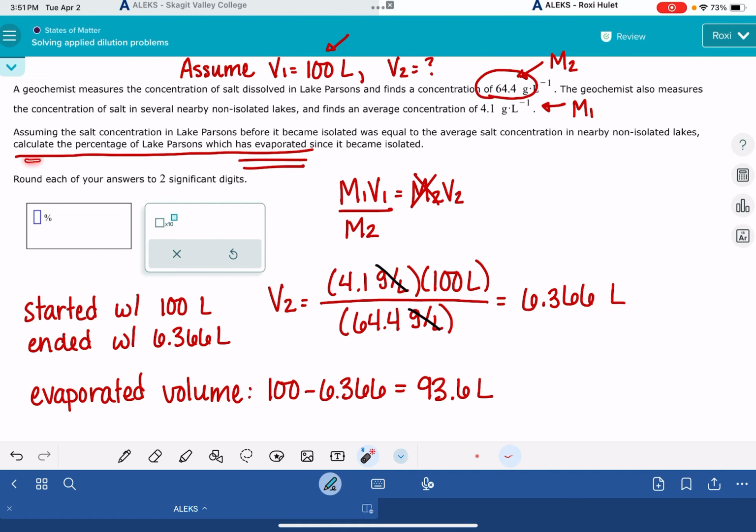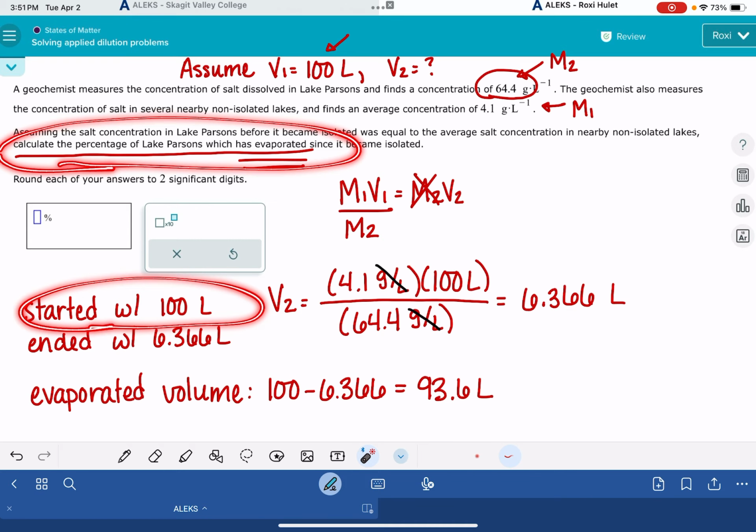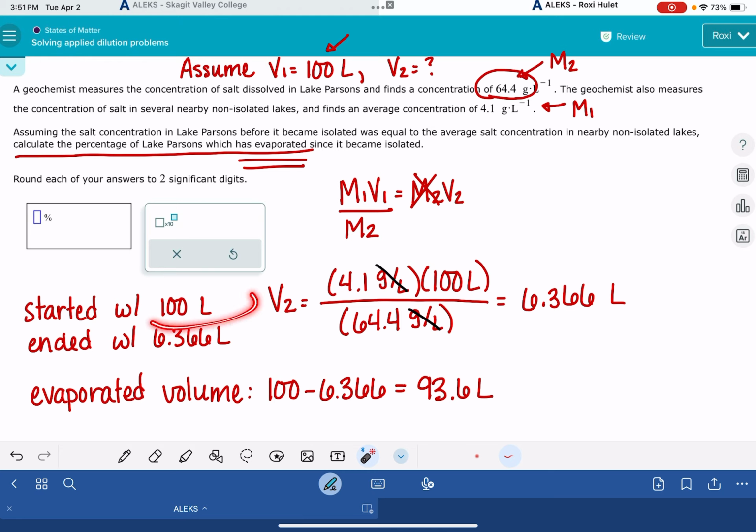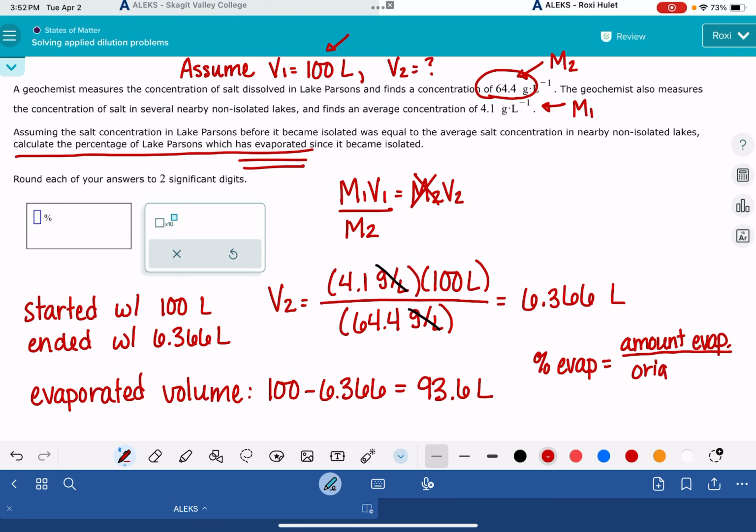And ALEKS wants us to calculate, again, not this number. It doesn't want to know exactly how much evaporated. It wants the percentage of the original volume that evaporated. Because I chose to use 100, which I always do, this is going to be really easy for me to do the math on. The percent that evaporated is going to be the actual amount that evaporated, divided by the original volume.